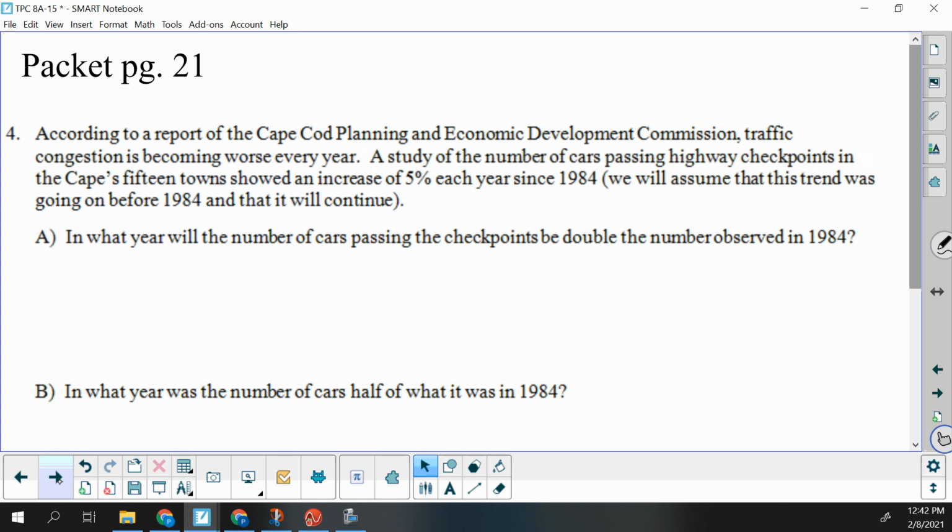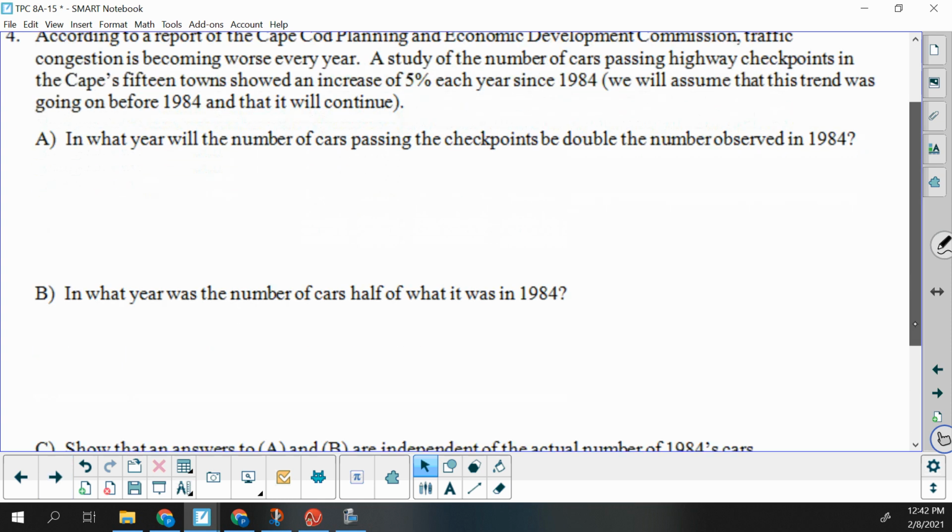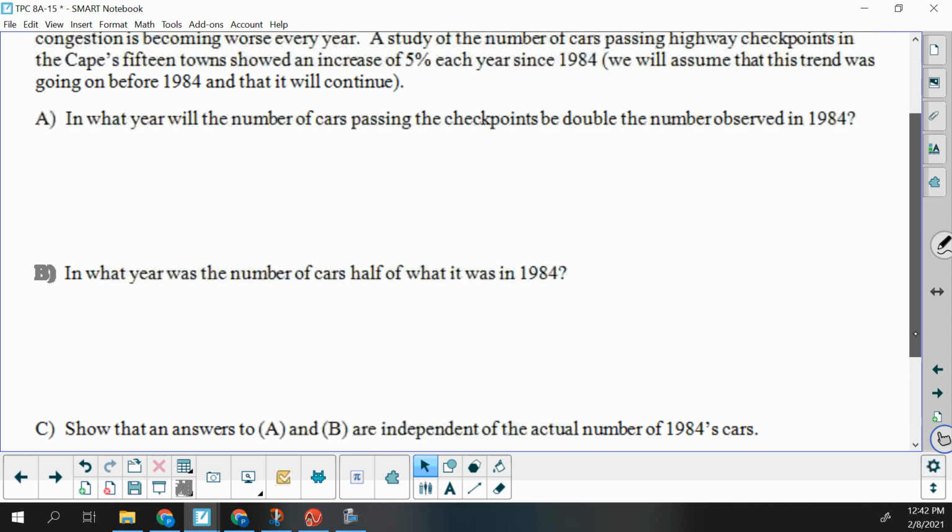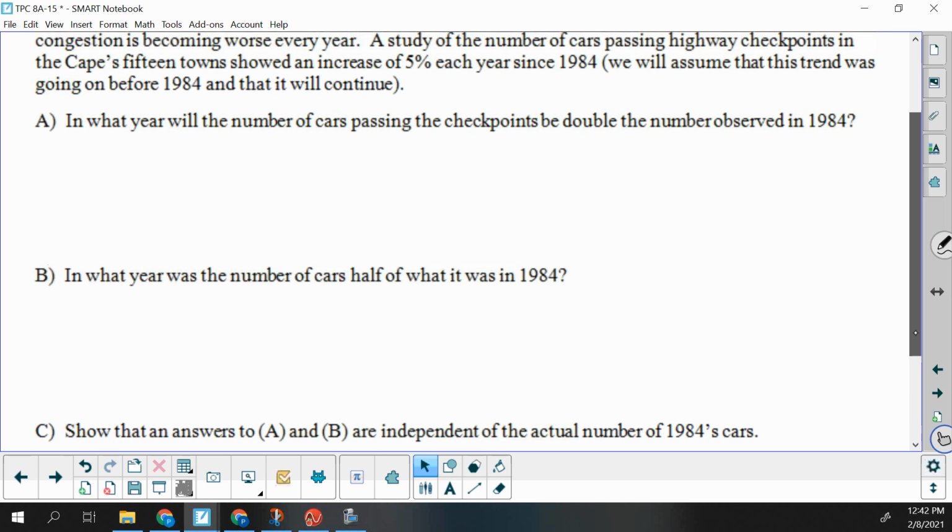So what we want to do here is find a time, a number of years. They didn't tell us an initial amount. So let's pick some initial amount. Let's say hypothetically there was 10 cars. So we'll have y equals 10. Off to the side, we'll do 100% plus 5% to give us 105%.